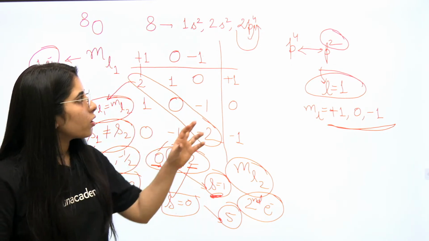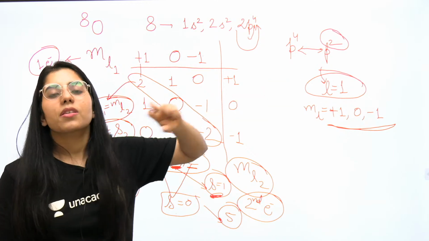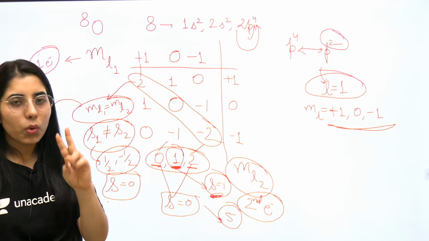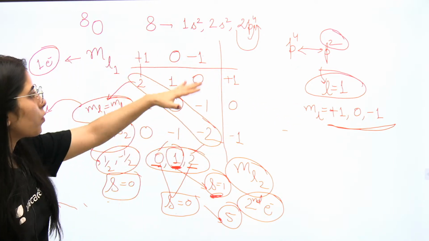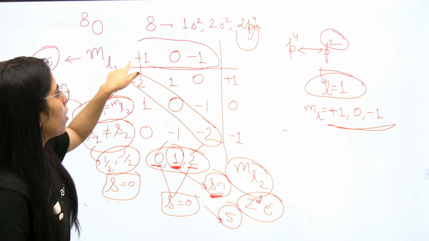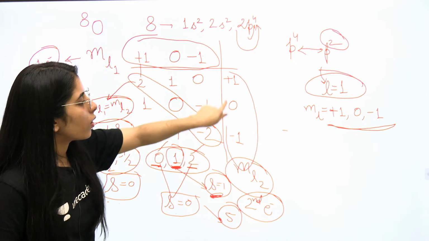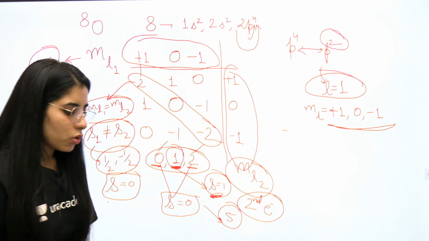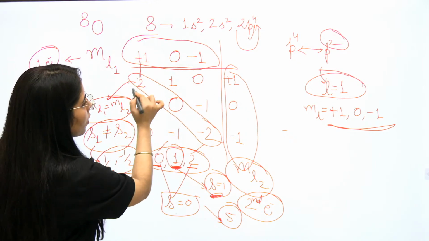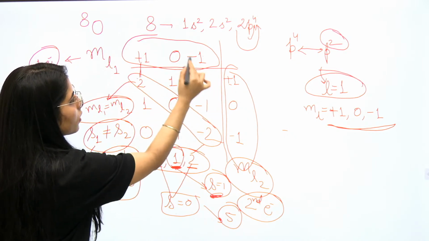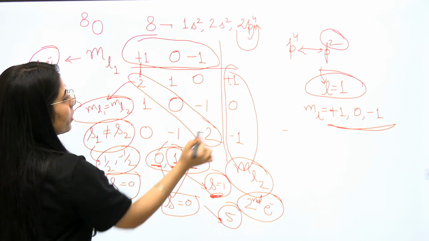Jyoti, firstly consider the equivalent electrons. This method will work well for two equivalent electrons. Write the ml values, make this type of structure, write ml1 here, write ml2 here. Then you just need to consider the sum of this and this together, this and this together, like all the sums you are taking in this format. Done.